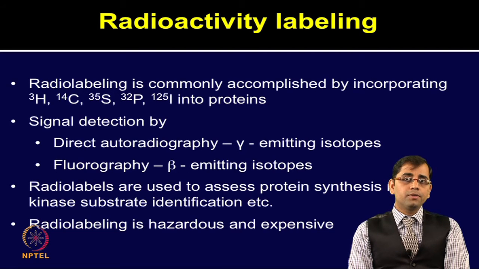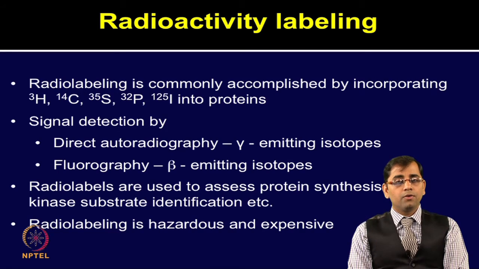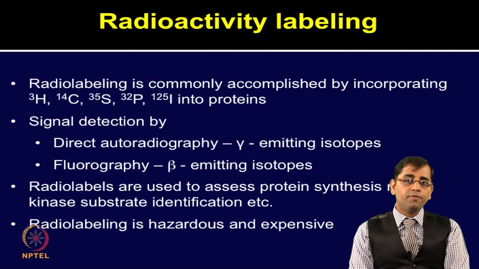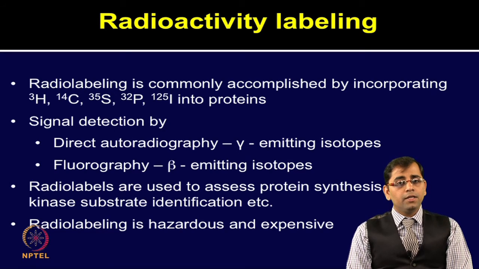These commonly used radiolabels include 3 hydrogen, 14 carbon, 35 sulfur, 32 phosphorus, 125 iodine or other radiolabels into the proteins. The signal detection can be recorded by direct autoradiography, which emits the gamma emission, or by fluorography, which emits the beta emission.